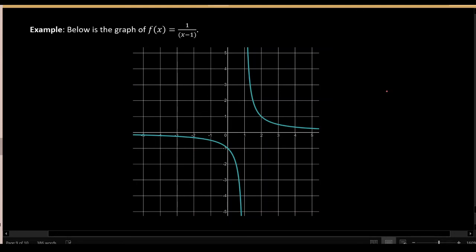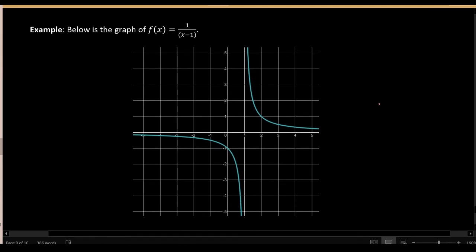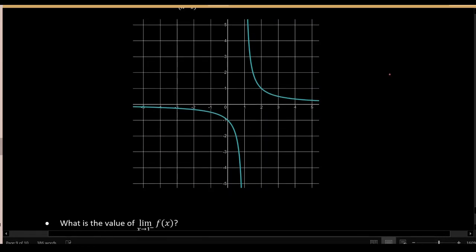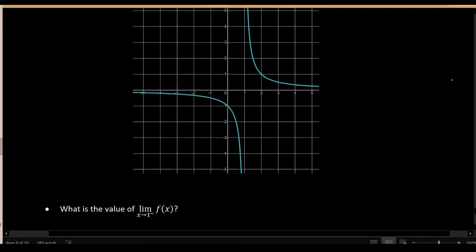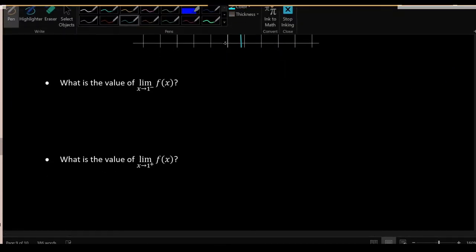You might remember from pre-calculus that this function has a vertical asymptote at x equals 1. As a result, f of 1 is undefined. If we tried to plug in x equals 1, we would divide by 0, which is no good. But that doesn't mean that we can't calculate the limit. We can totally still calculate the limits.